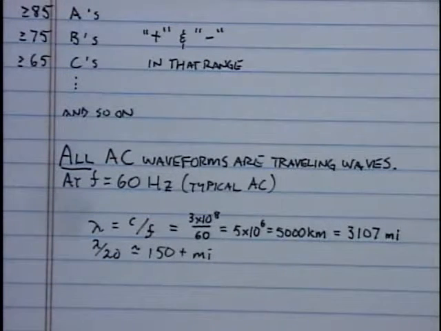If it was 3,000 miles, then a tenth would be 300, a 20th would be 150. So it's a little over 150 miles. So if you string an AC 60 hertz from one point to another, don't worry about having to use ADS to analyze that circuit, unless it's a pretty darn big one.